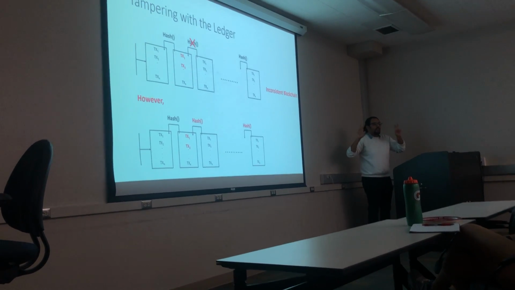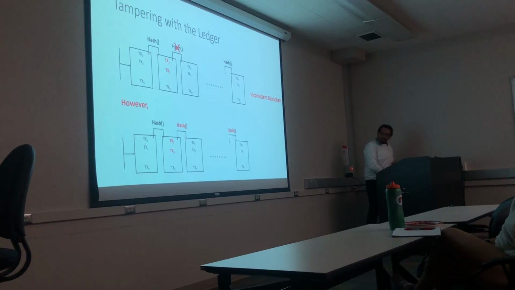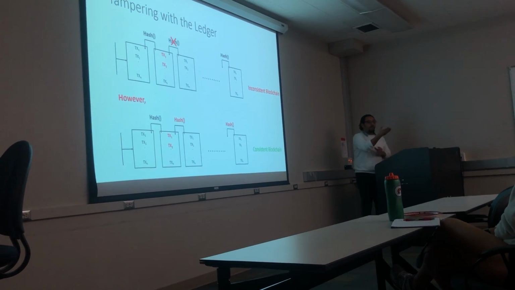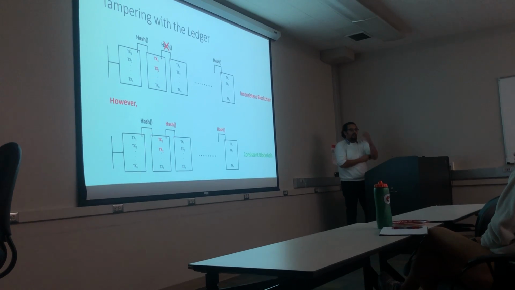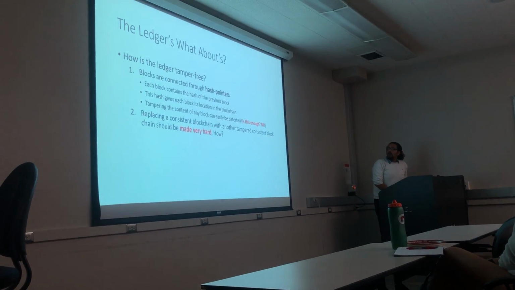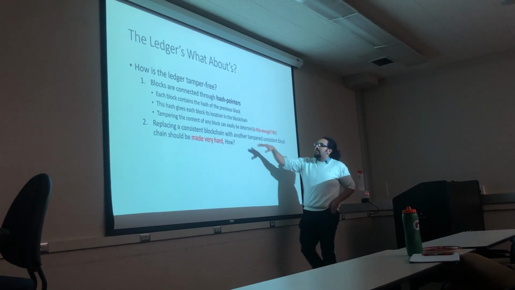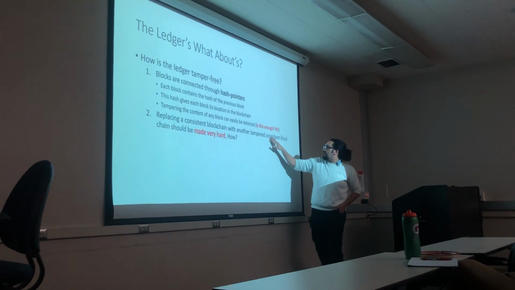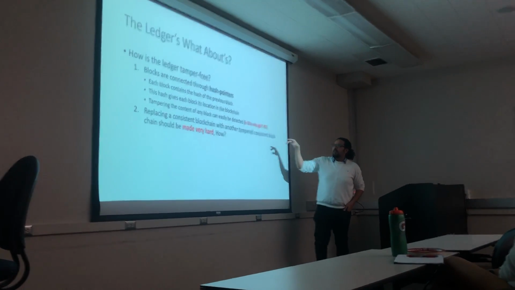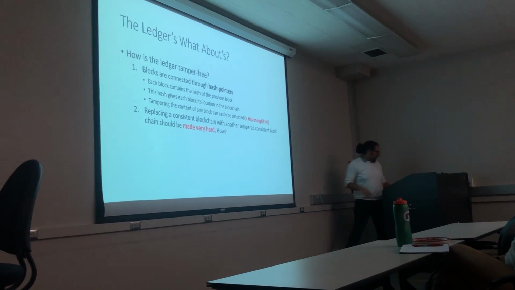So the hashing is not enough. You have to do something more. And that also goes back to the replication aspect we talked about. So far, as we said, we can replace a consistent blockchain with another tampered consistent blockchain. But this action should be made very hard. So how are we going to do that?